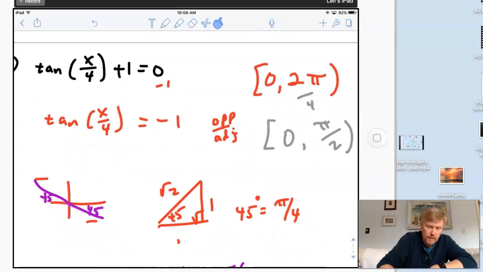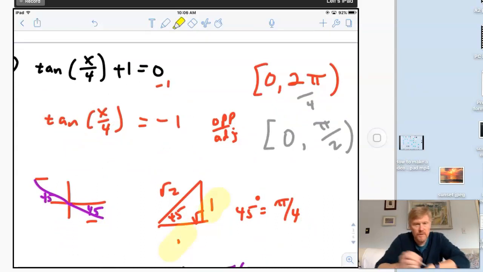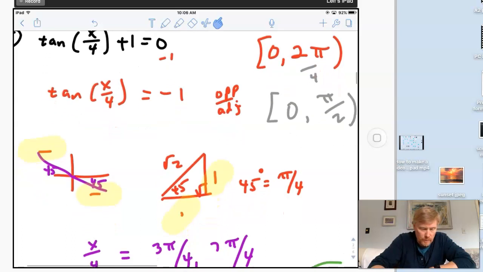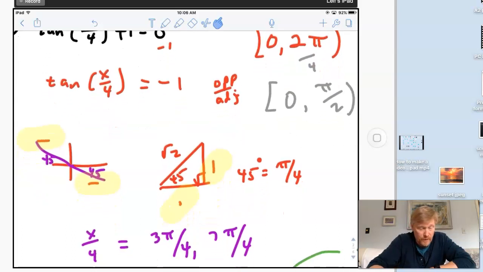Because my triangle over here, 1 over 1, opposite over adjacent is tangent, which gives me 45 degrees. So my tangent is negative in the second and the fourth quadrant, which means my angles are going to be 3 pi over 4 and 7 pi over 4. So those are the two things that x over 4 equals, okay?